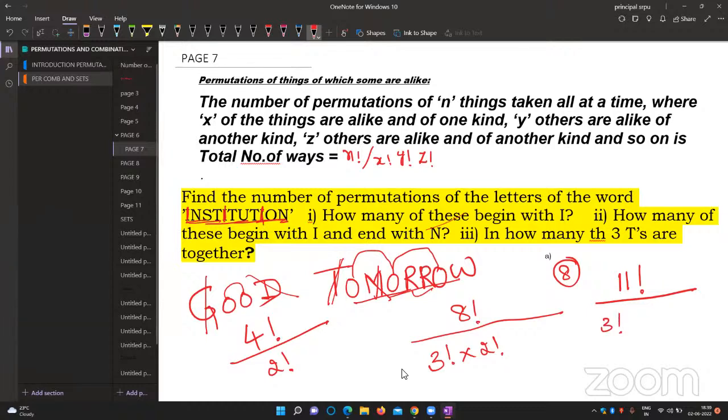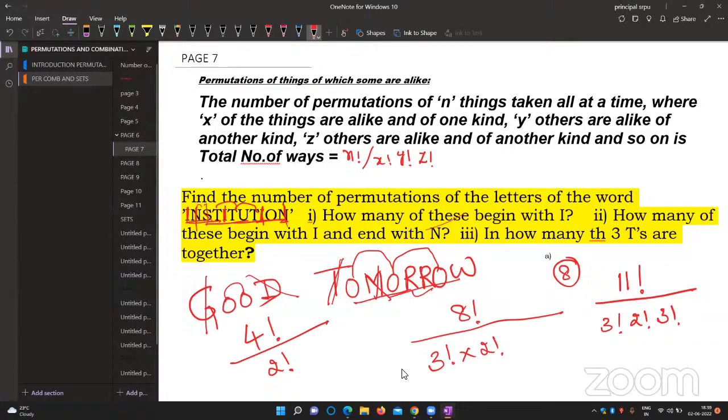N, how many times? N is 2 times, that is 2 factorial. S is not repeated, leave it. T is 3 times, 3 factorial. U is not repeated and O is also not repeated.